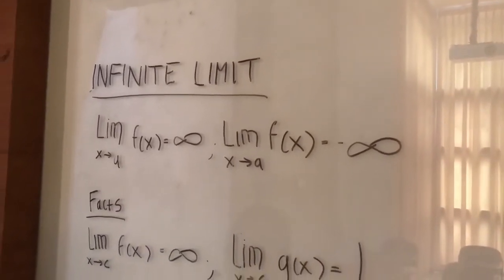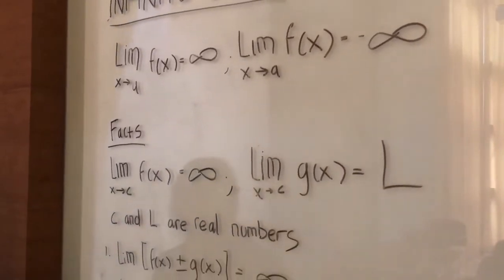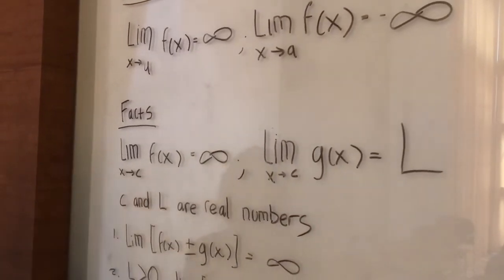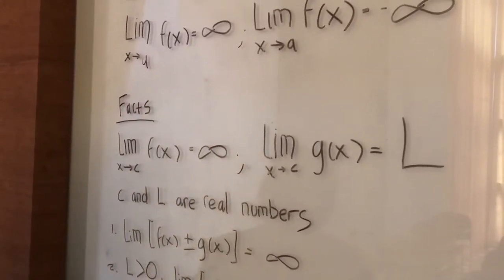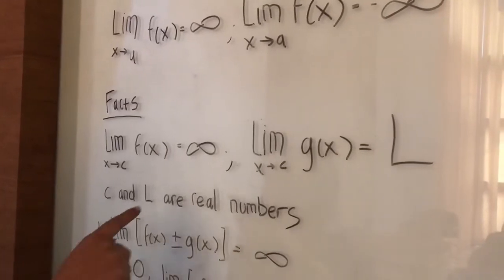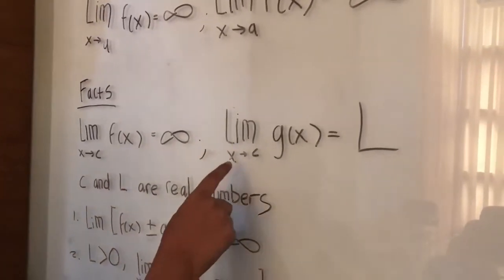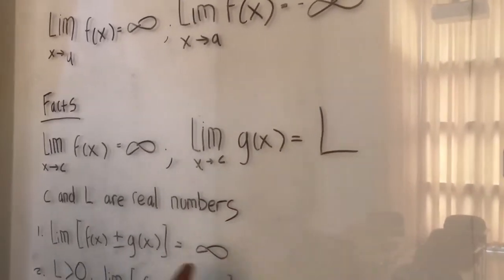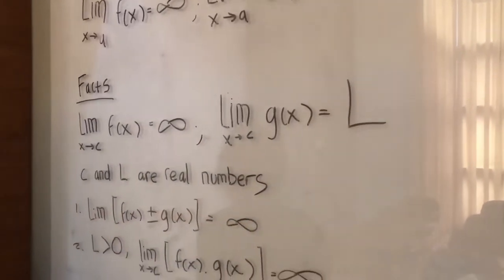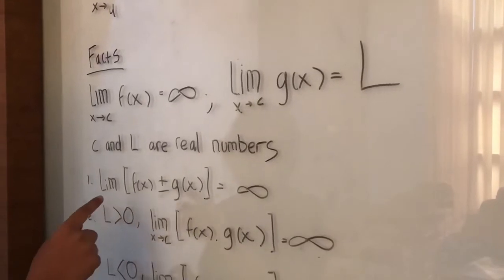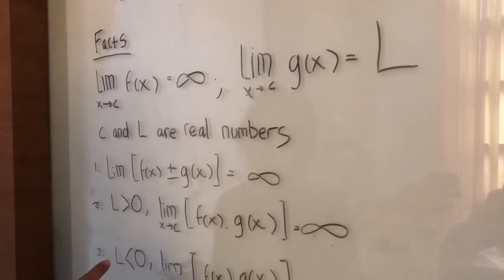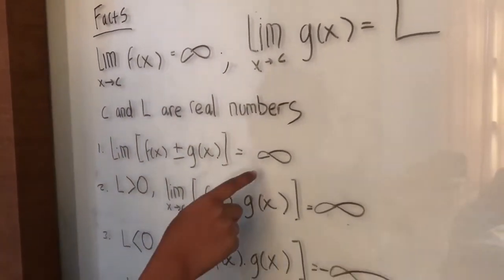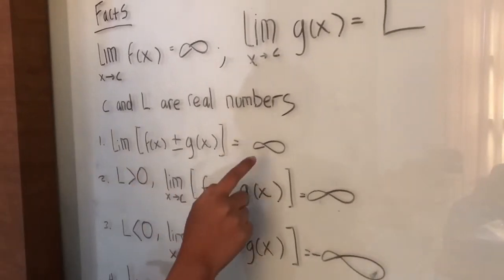So here are some facts about infinite limits. If the limit as x approaches c of f of x equals infinity, and the limit as x approaches c of g of x equals L, where c and L are real numbers. First, the limit of f of x plus or minus g of x always equals infinity.